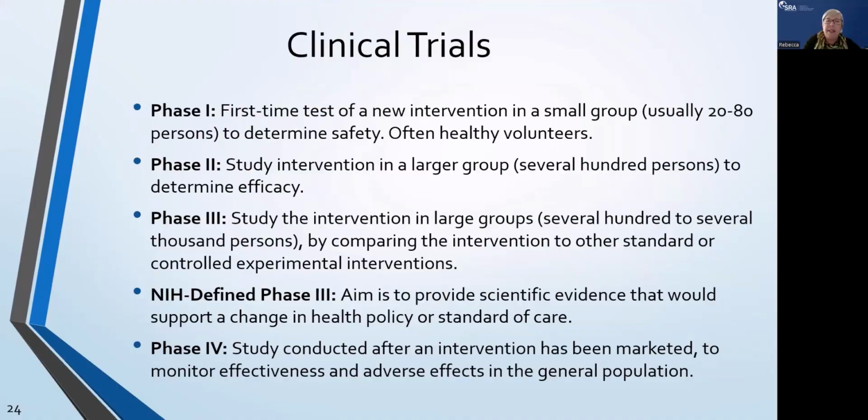Now, these definitions here are the FDA divisions of clinical trials and govern how drug approvals are given, how the research to back drug approvals is conducted. Phase 1, phase 2, phase 3 are very different circumstances and have different requirements.